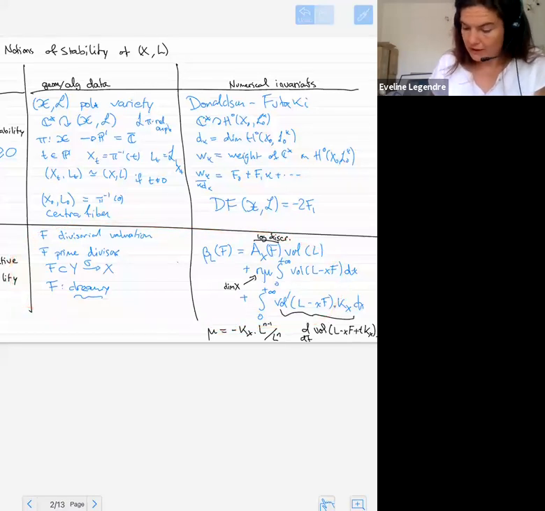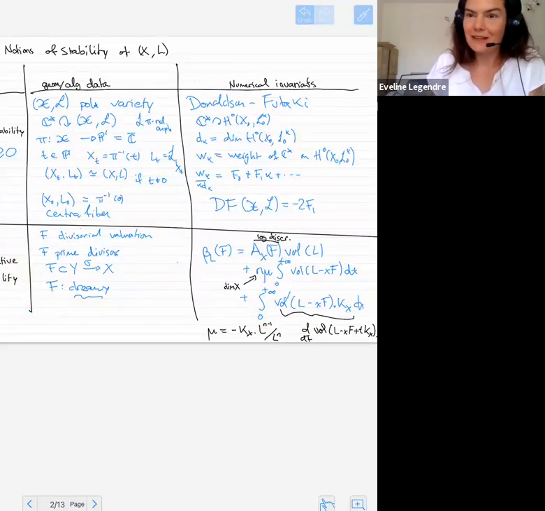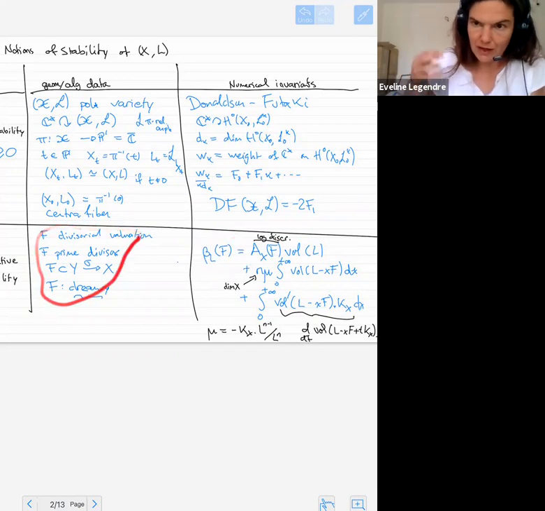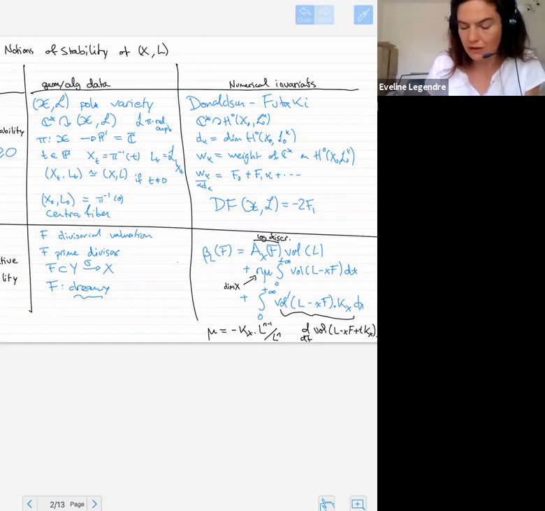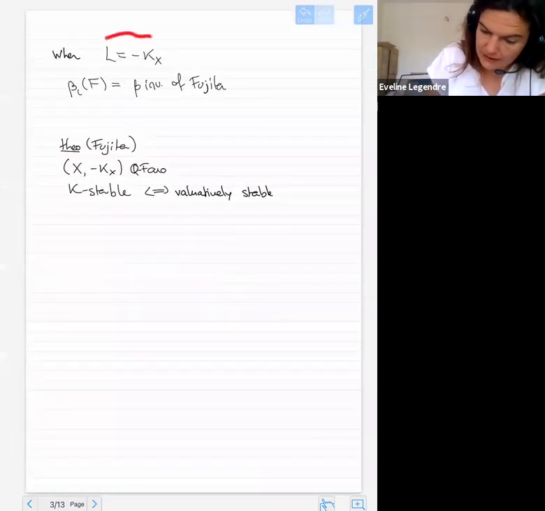This invariant was not the same; it was simplified, probably without typos, and it was the beta invariant of Fujita. But the whole idea of looking for a dreamy divisor and building a test configuration out of it is really Fujita's idea, and it was working in this setting.